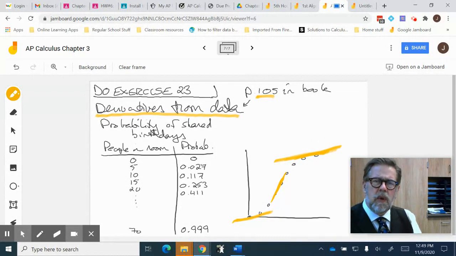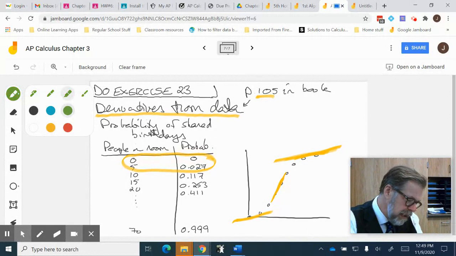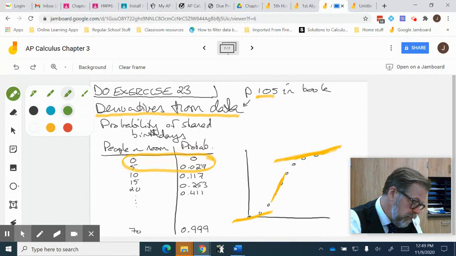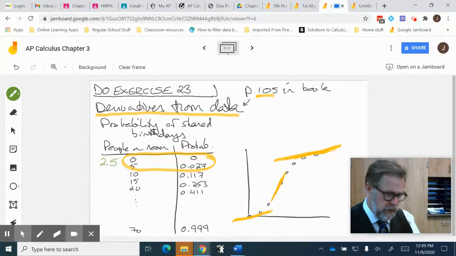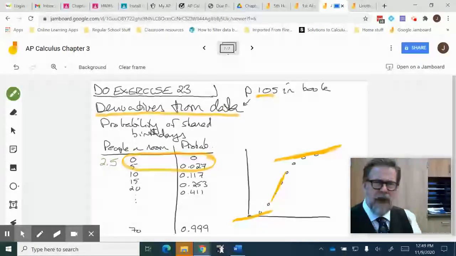So how do we graph the derivative of this function? Well, what we're going to do is approximate each set of data points. We're going to take the first two data points and say, let's say that at 2.5, halfway between 0 and 5, the change in y over change in x can be the average.